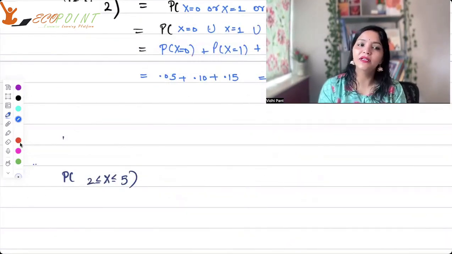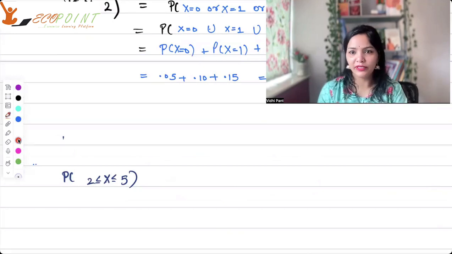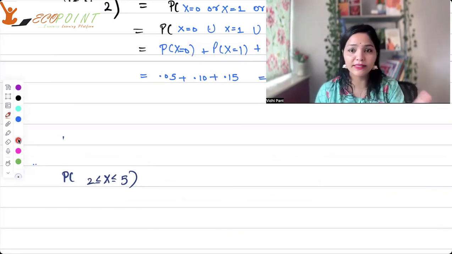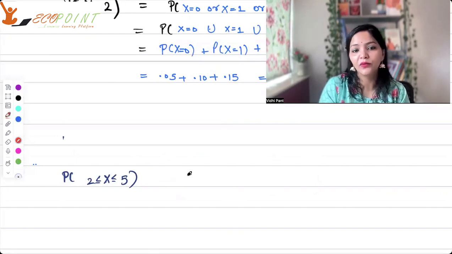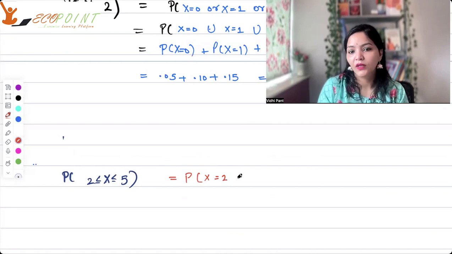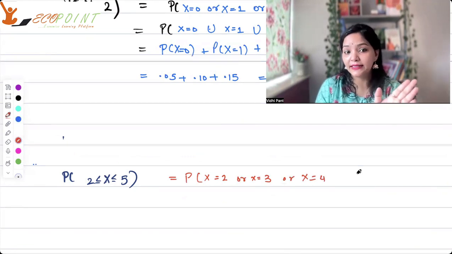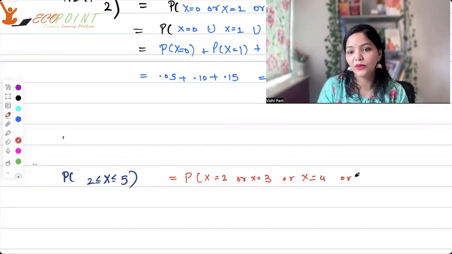Similarly, you can also find out any other probability associated to this experiment, this random variable. Suppose we want to find out what is the probability that x is between 2 to 5. So that would mean this is equal to probability x is equal to 2. It could be x equal to 3. It could be x equal to 4, and since it's equal to 5, yes, you have to take the case of 5 as well.